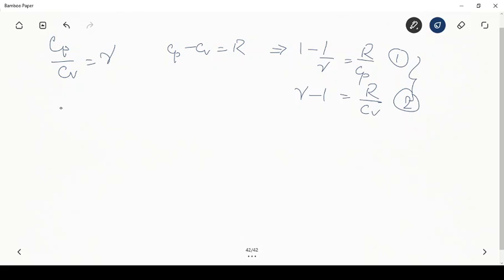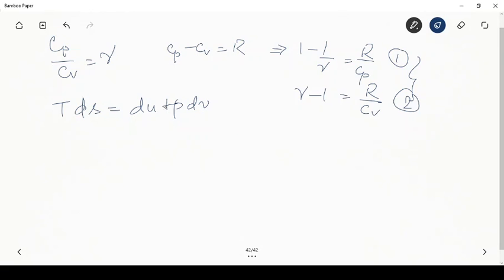So for entropy, we use this expression: Tds is equal to du plus Pdv. This is the fundamental equation of thermodynamics divided by mass, because we are used to writing capital S, capital U, and capital V. Now if I divide throughout by mass, then I get specific entropy small s, specific internal energy small u, and Pdv.